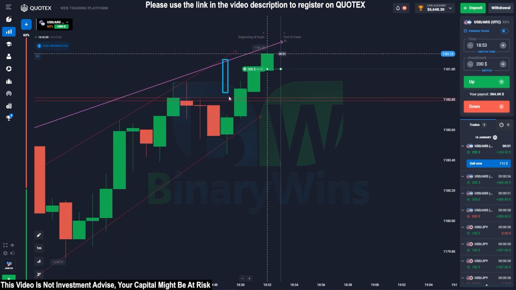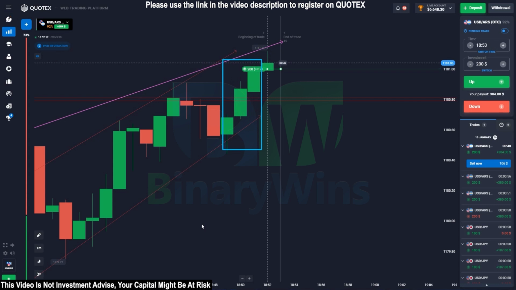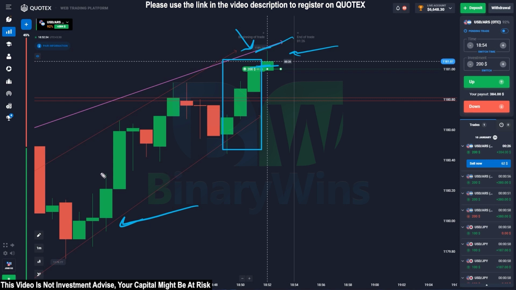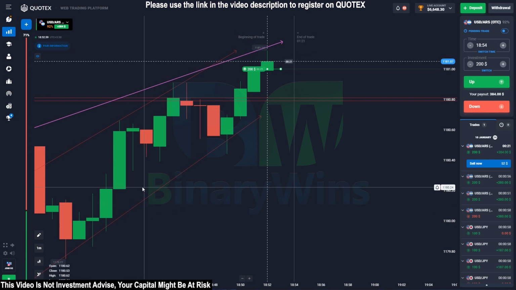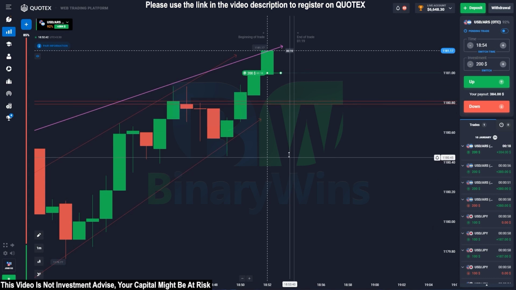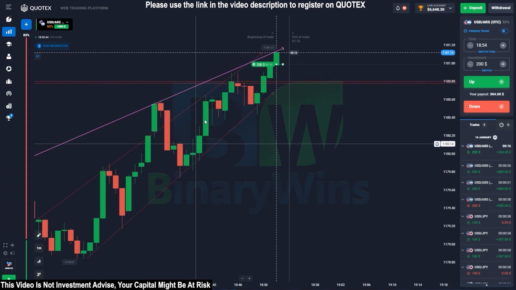You can see a bullish momentum trend, distance and gap to the trend line and the next level, and mimicking the past behavior of candles. That's why I entered the higher trade. As you can see, it moved up.